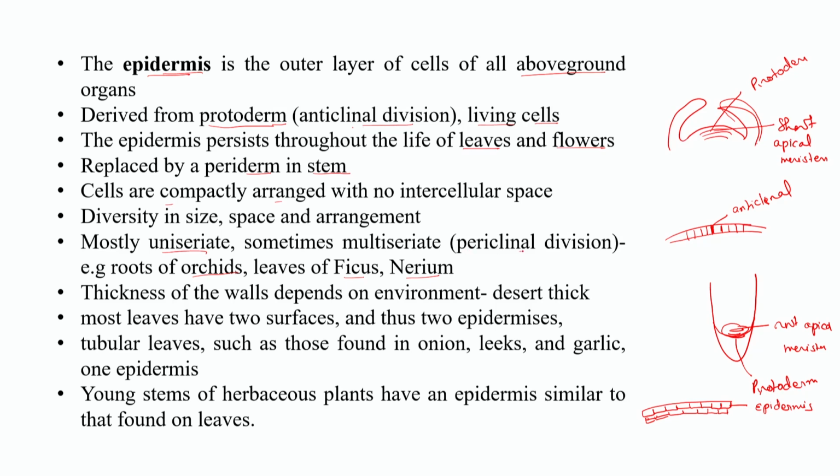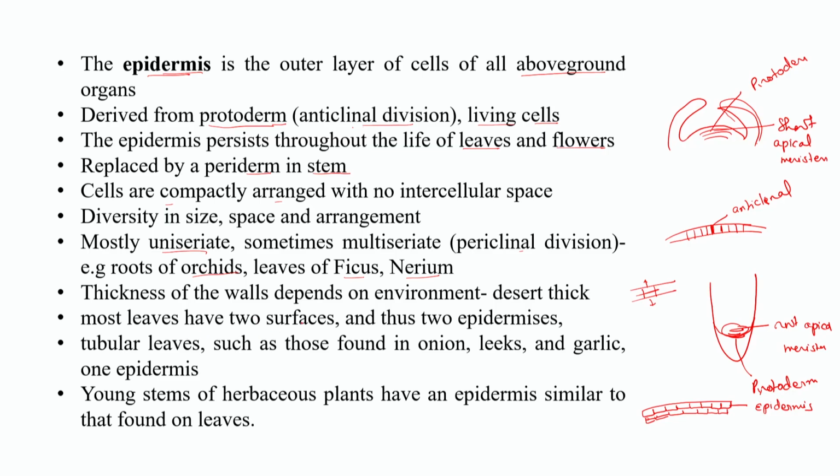Now how do they become multiseriate? Definitely by periclinal division. Suppose this is the outermost layer. In this way, parallel to the surface, they will give rise to cells on these sides, by which they can become multilayered.